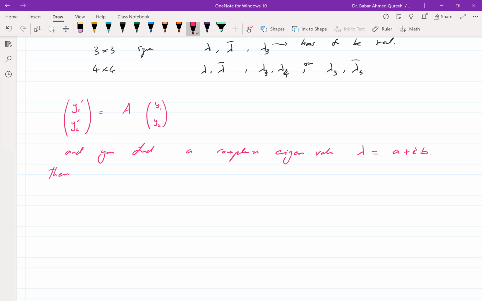Then whatever we had done still is true, that you will have this as a solution, with this thing complex and this thing complex.